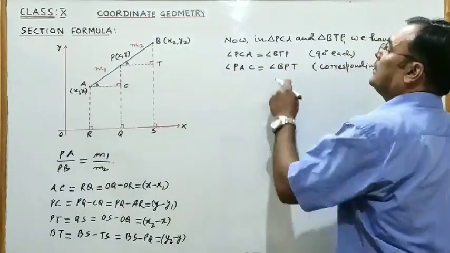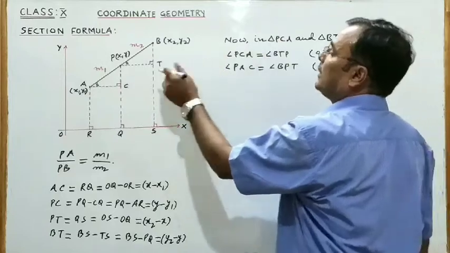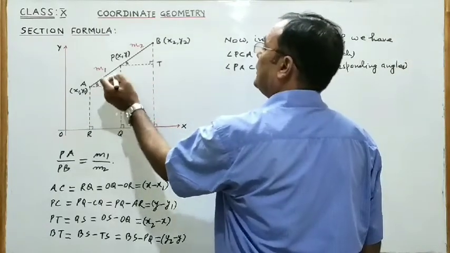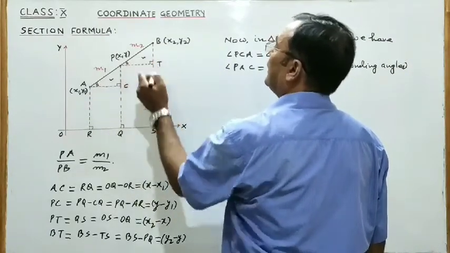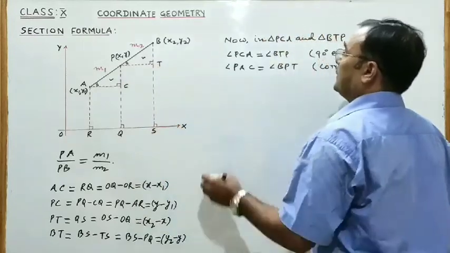So these two angles are equal in triangle PCA and triangle BTP.